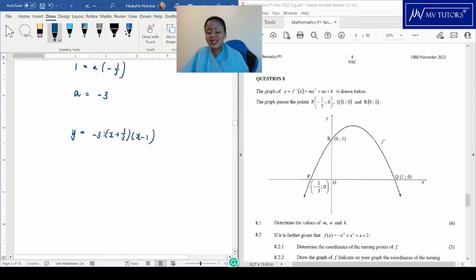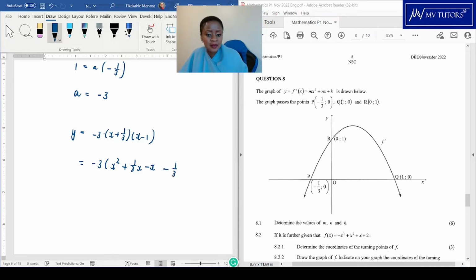How many marks? Okay, 6 marks. I was about to say this better be worth a whole lot of marks. So we have x squared plus a third x minus x minus a third. Let's simplify before we take out the brackets. So a third minus 1 will be negative 2/3. Please use the calculator if you're not sure. Then we can multiply in the 3.